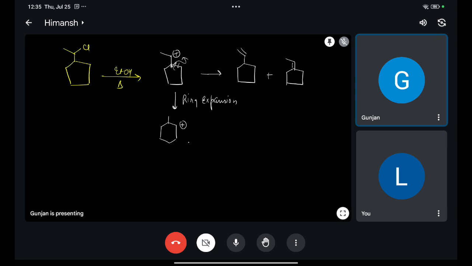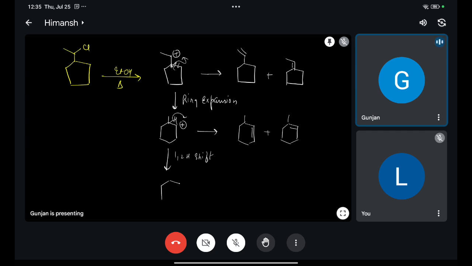Yes, ma'am. So accordingly, we can again form two types of double bond. One over here and the second one over here. Right or no? Yes, ma'am. Then we can do a rearrangement also over here, a 1,2 hydride shift like this.